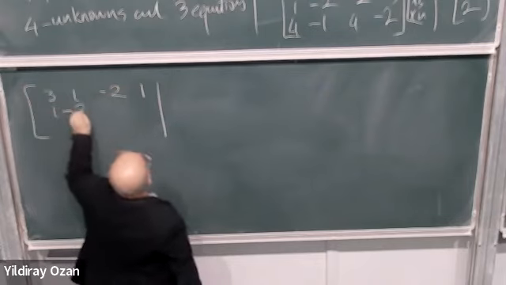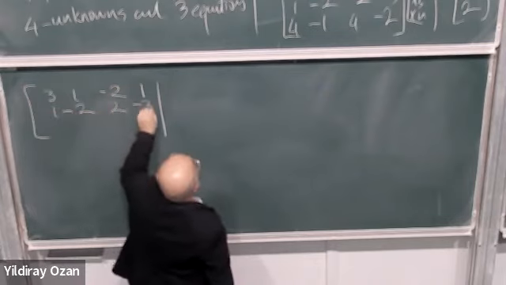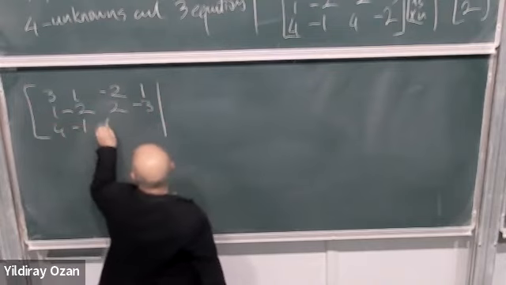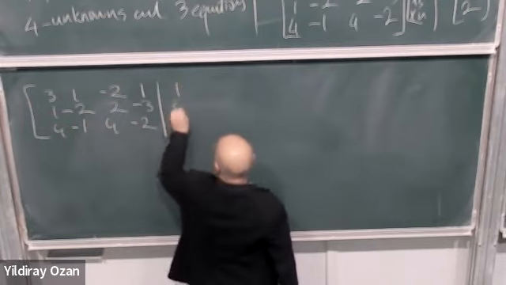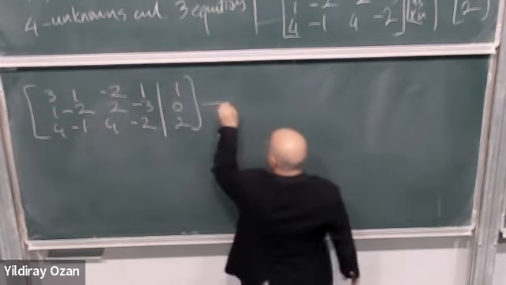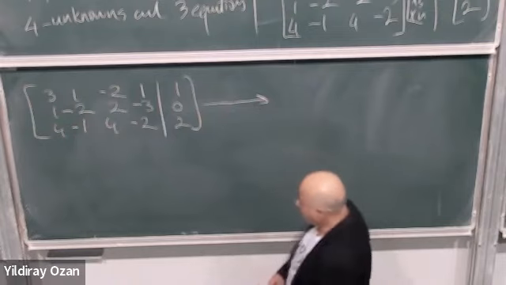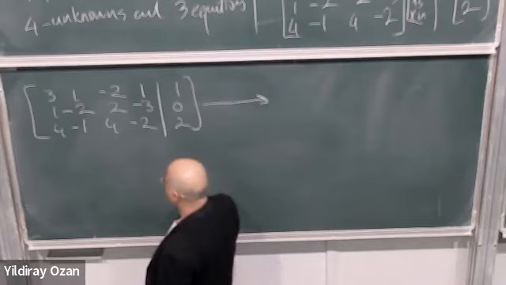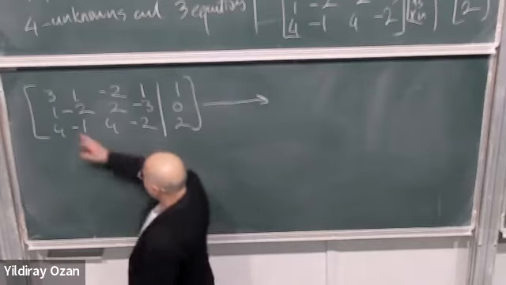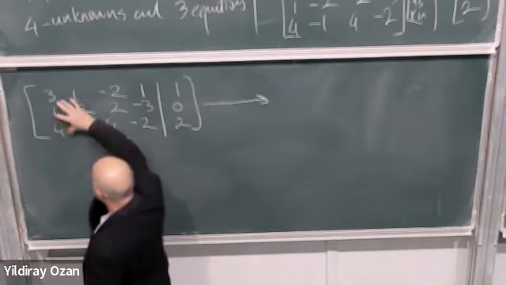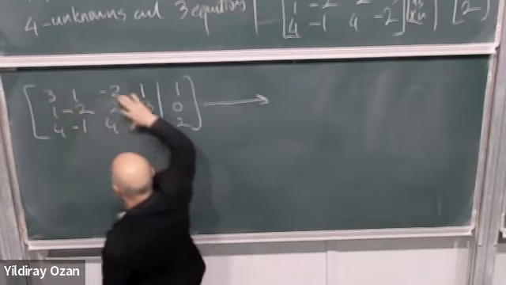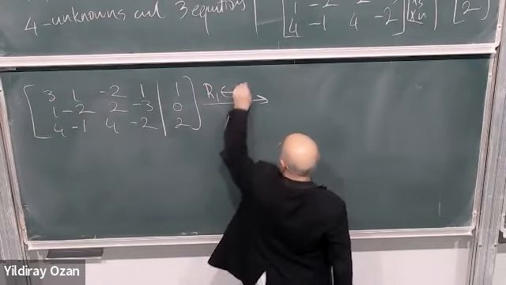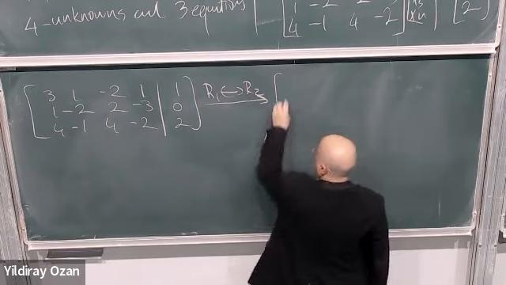I have already one here, so I can just interchange the first row with the second row to get 1 here.